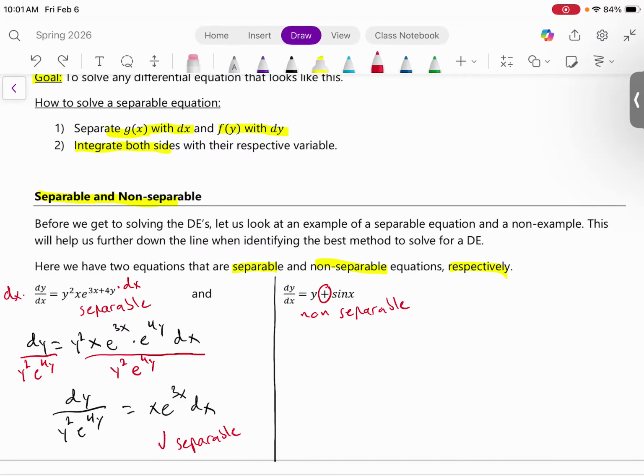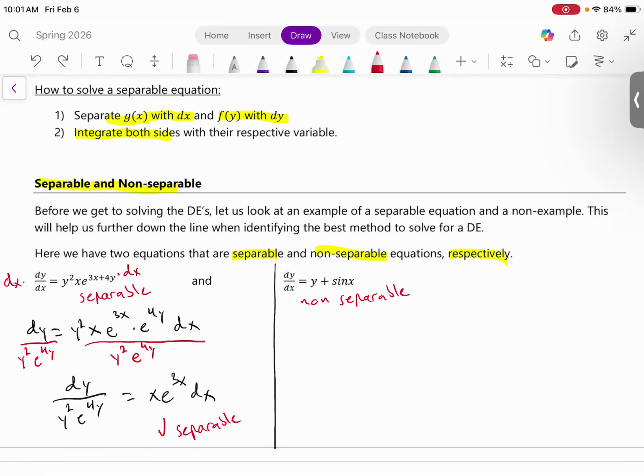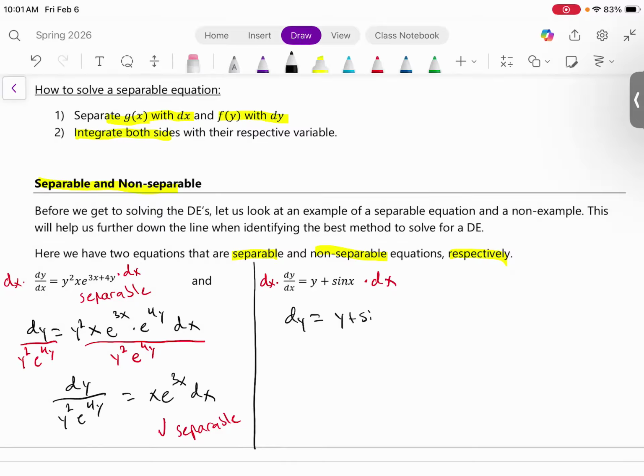Same thing, I move the dx over to the right hand side. What I'm left with is dy equals y plus sine x, all times dx.